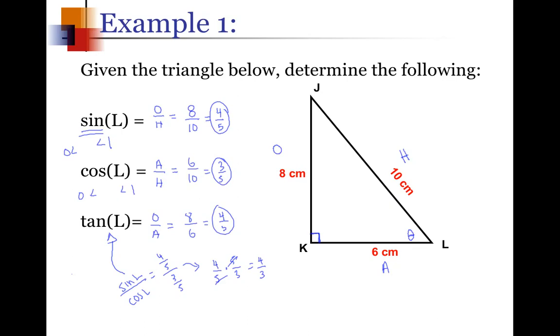Right? We can get a number that's larger than 1. Here we even got a number that was larger than 1. But for sine and cosine, you're not going to, because if you're dividing by the longest side, the opposite or adjacent have to be smaller. So you're always going to get a number that's smaller than 1.